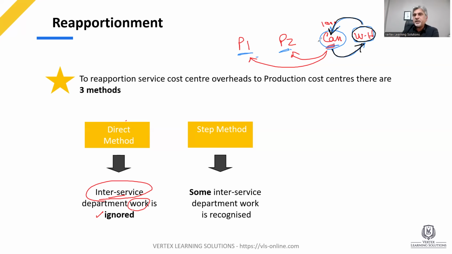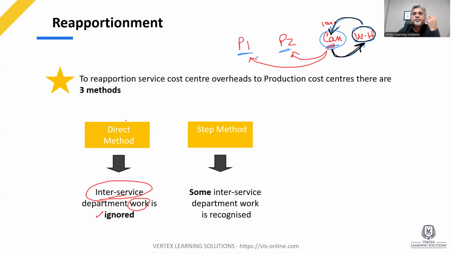So it's a huge quantity of food items. Where do they store them? So they probably store their goods in the warehouse. So now we say that the canteen is providing service to the warehouse and the warehouse is also providing service to the canteen. So both service departments provide service to each other as well. I mean, they are providing service to the production, but they are also providing service to each other. Okay, so that makes sense now.